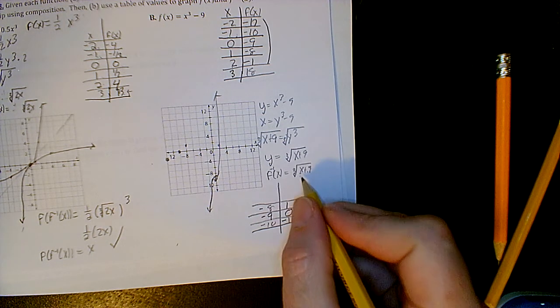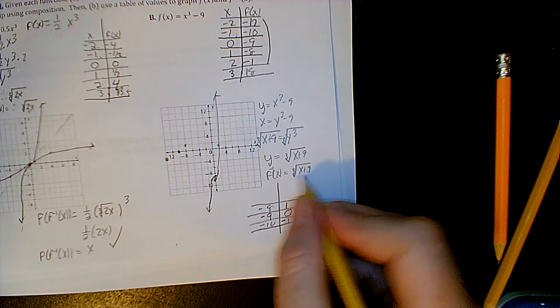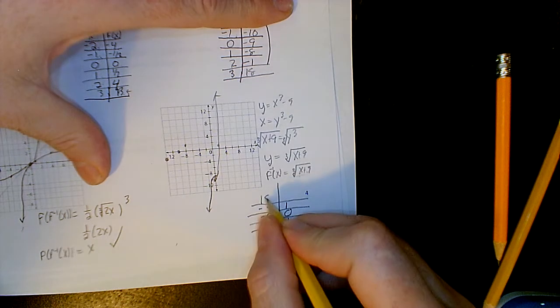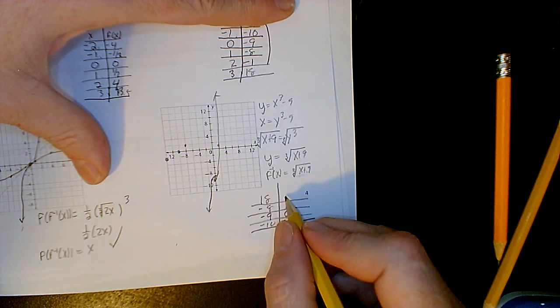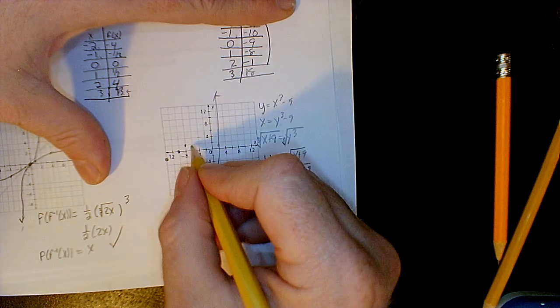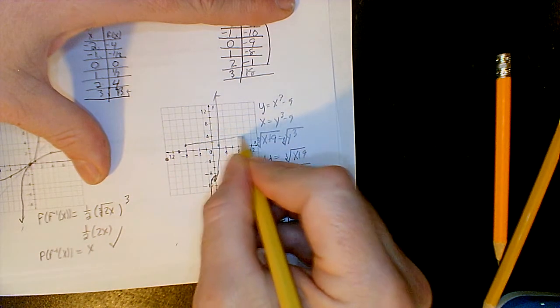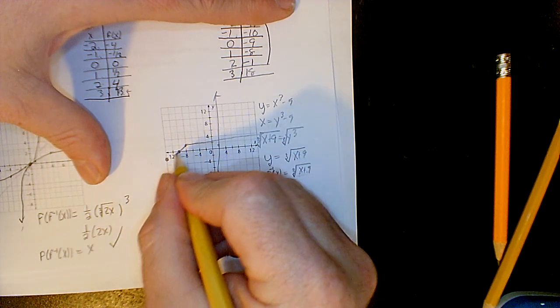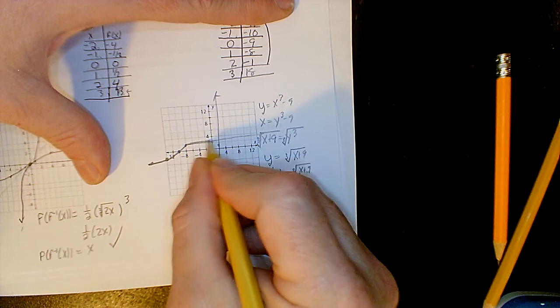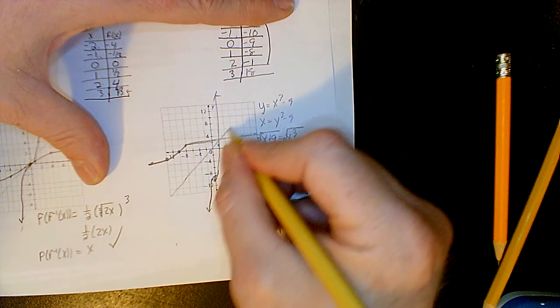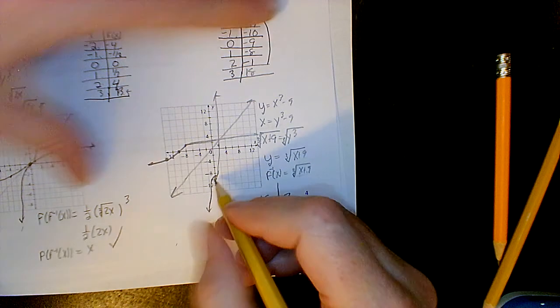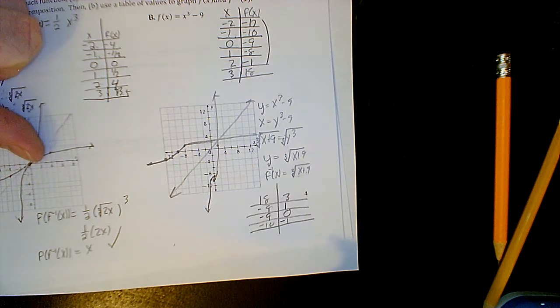What would I have to plug in to make this 27? 18. This could be a little bit weird. So 18 and 9 are 27. The cube root of 27 is 3. So it's going to be a point way out here, right? And I'm getting something that looks like that, right? So we can see, I think I might have messed up my scale a little bit on that last problem, but we can kind of see that this is a reflection of this.